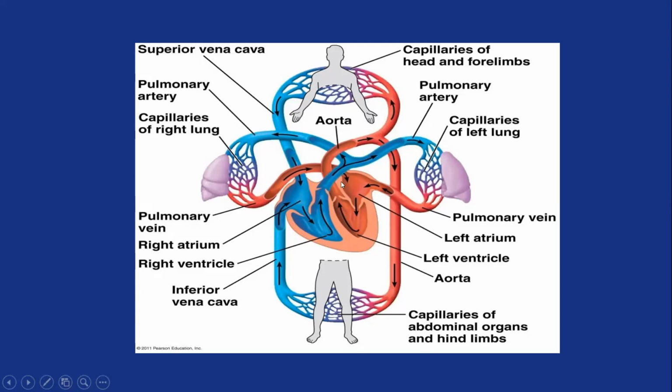Within the lungs, there is a union of arterial capillaries and venous capillaries.